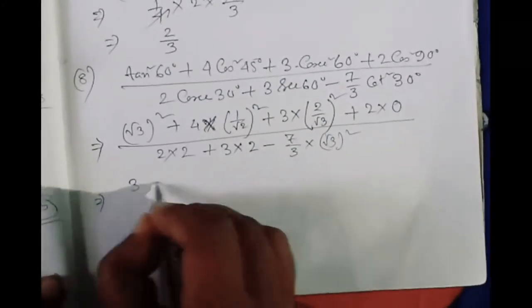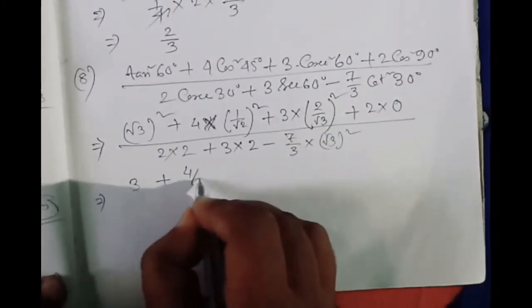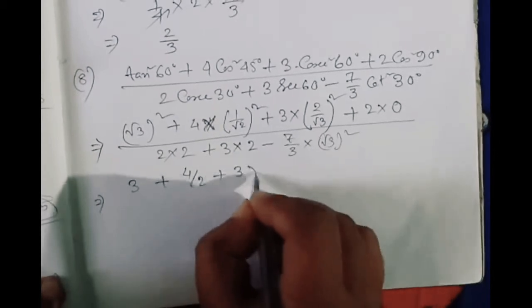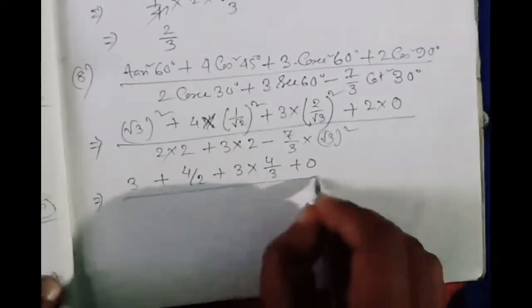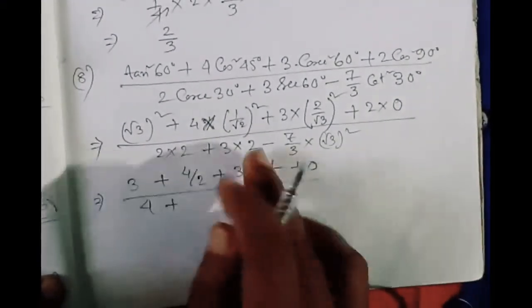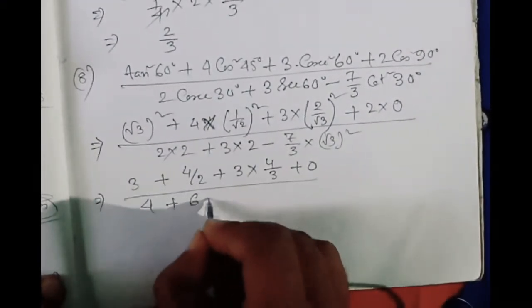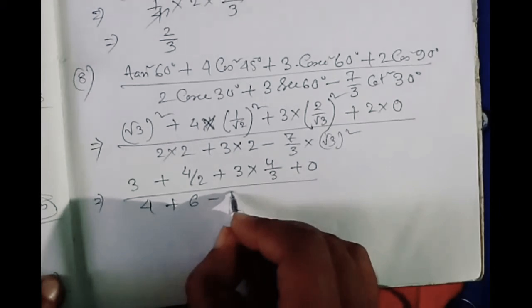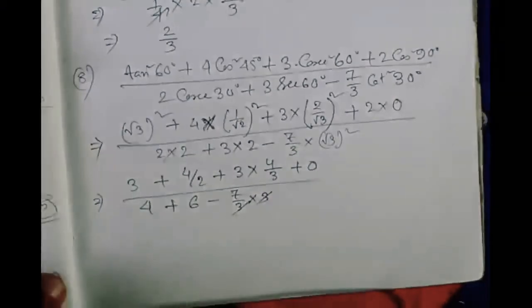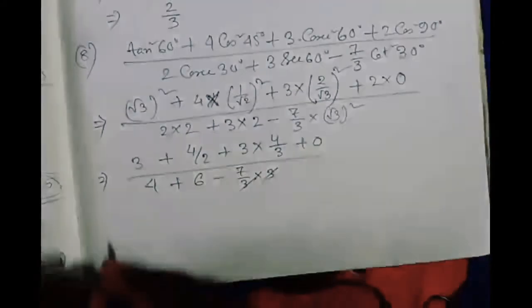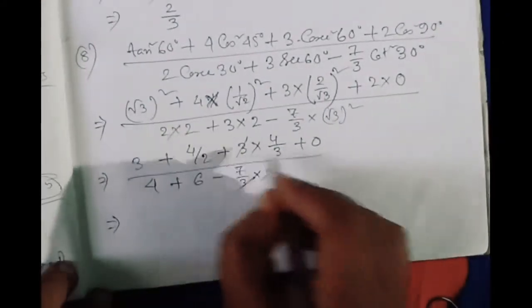So this is 3 plus 4 by 2 plus 3 into 4 by 3 plus 0, divided by 4 plus 3 into 2, which means 6, minus 7 by 3 into 3, the 3 should be cancelled.